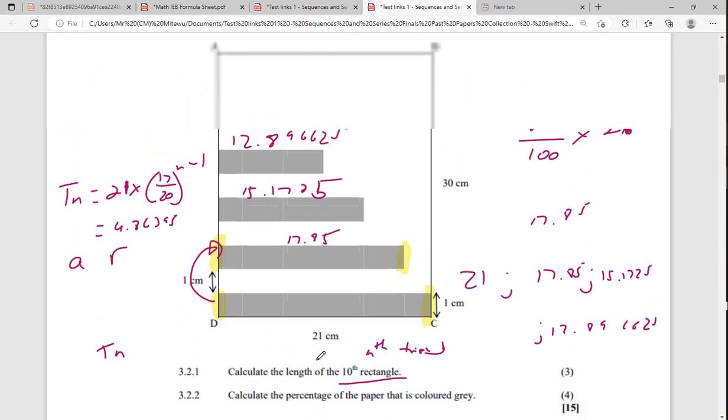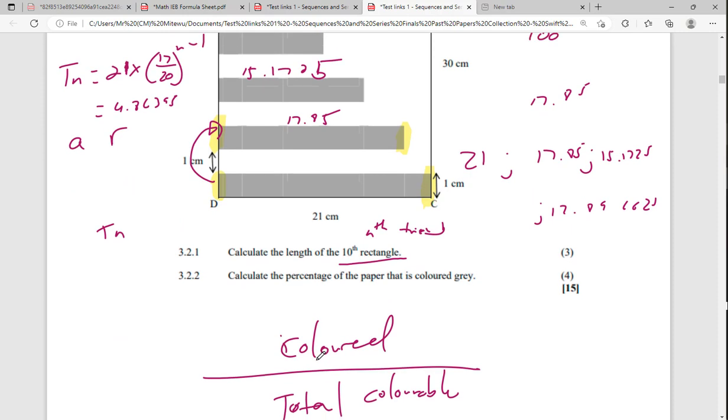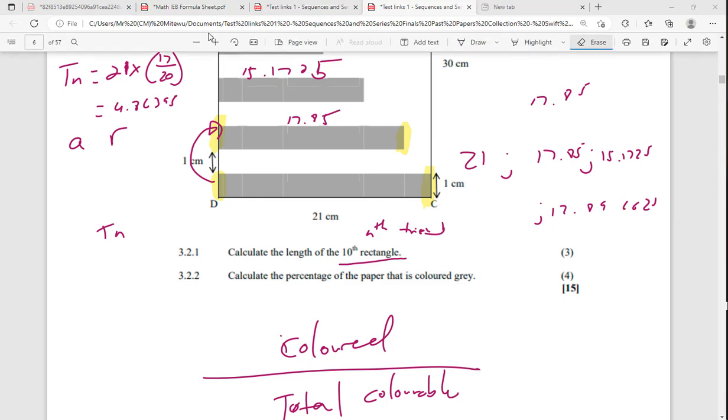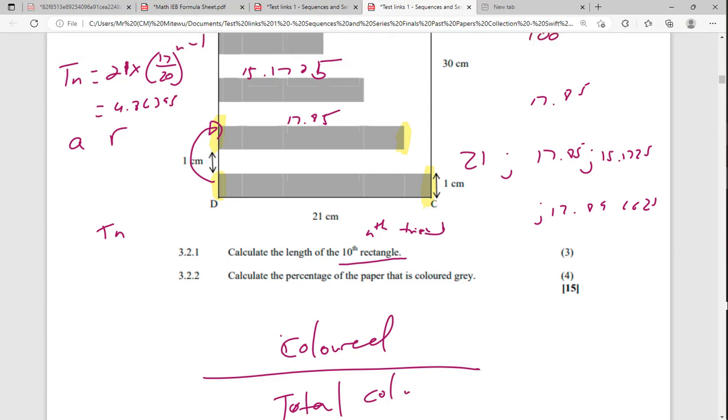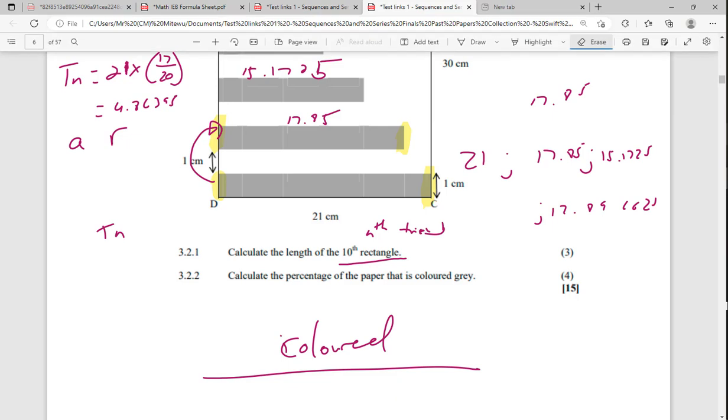If we're talking percentage of something and we're given lengths, we can use area. 21 times 30. 21 times 10 would be 210, and 210 times 3 would be 630. So 630 centimeters squared is the total colorable. I'm going to replace that there. 630 centimeters squared is total colorable.